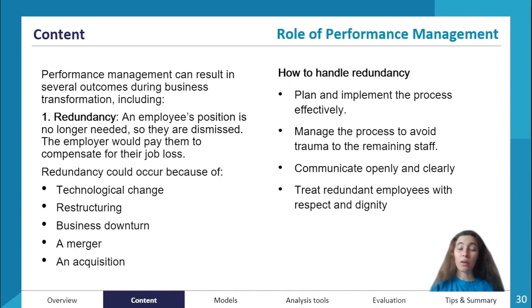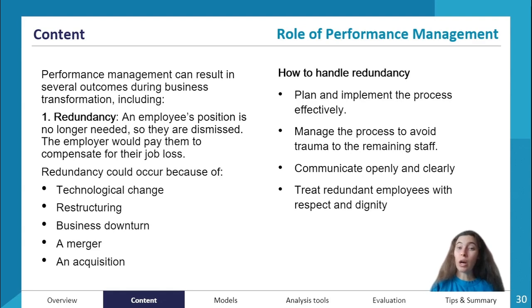So redundancy can occur for lots of different reasons. COVID was one example, but you can also have technological changes. If you've got automation or technology that can take over and do the work of people, then people may not be needed anymore.